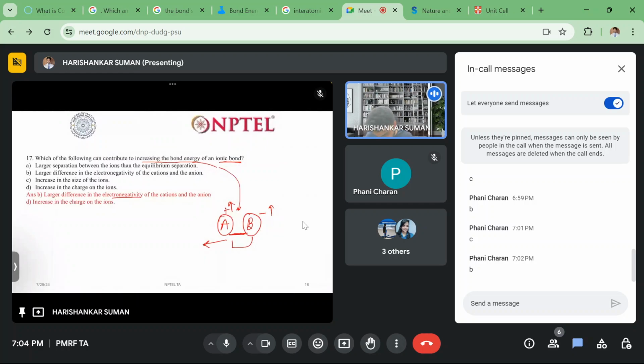The other option is the increase in the charge on the ions. If the charge on the ions is high, also the bond energy is high. This is a simple question, I think. In the periodic table, we choose A and B. This is highly electropositive. This is highly electronegative.